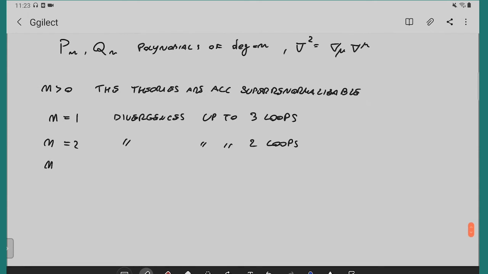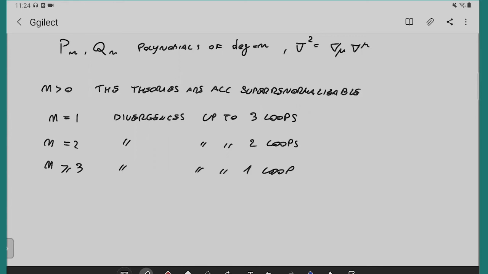And for n equal to or bigger than 3, you have divergences up to 1 loop. There is no way to avoid this and get 0 loops just by adding more and more higher derivative terms. So the 1-loop divergences will always be there. If the degree of your polynomials is high enough, you will have only 1-loop divergences, but you cannot cancel them just by increasing n.